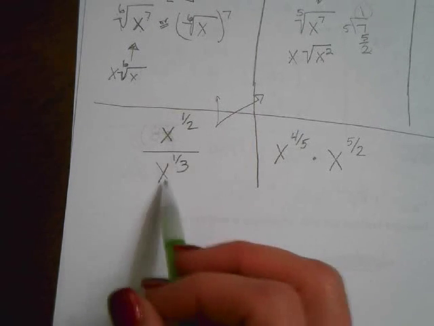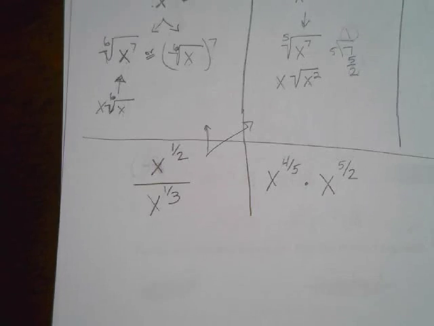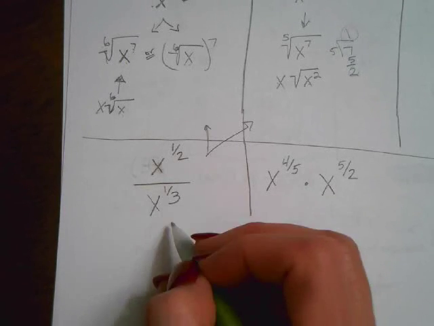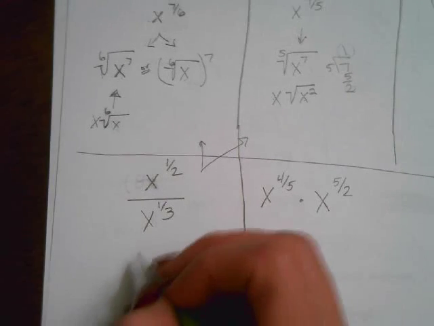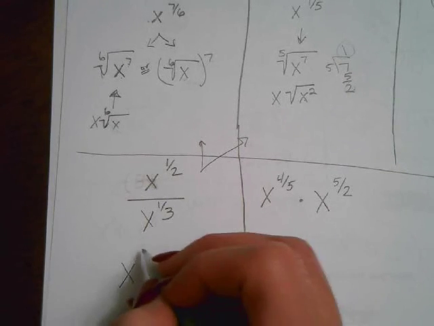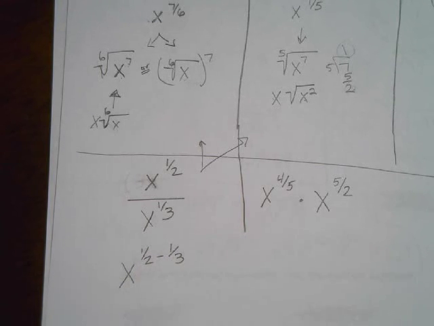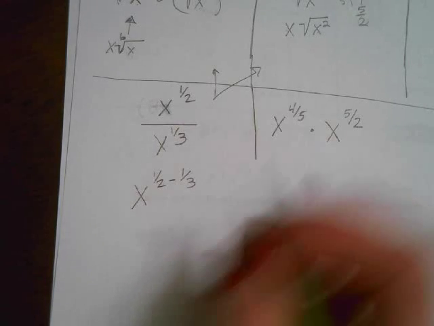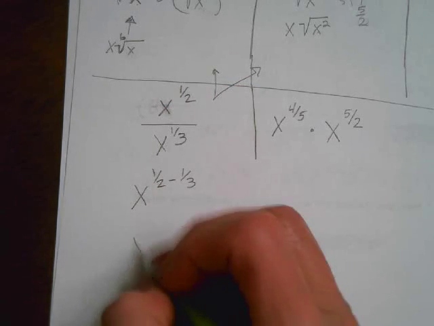Looking at x to the 1/2 over x to the 1/3, that's actually very similar to the one right above it as well. You could have used that one. They're being divided, so you subtract your exponents. I'm going to have x to the 1/2 minus 1/3. The bases are the same, so I can subtract their exponents. I need a common denominator, so it's going to be 6.